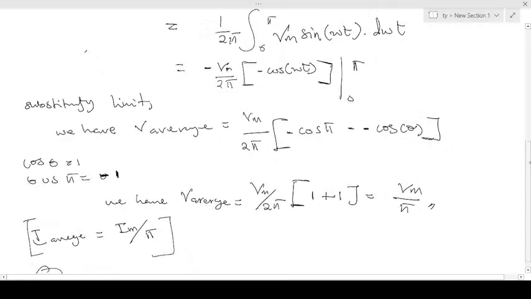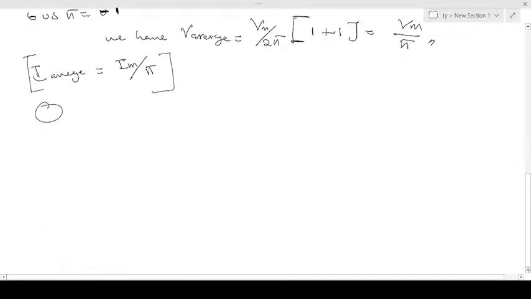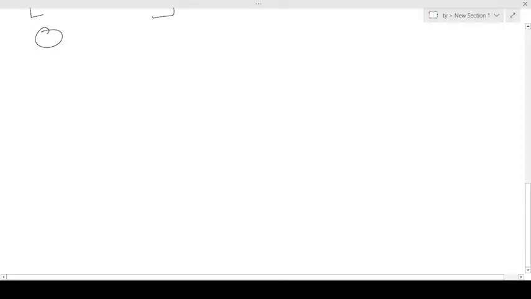Now that we know the average value of the voltage, we need to find the root mean square, or RMS value, of the half wave voltage.